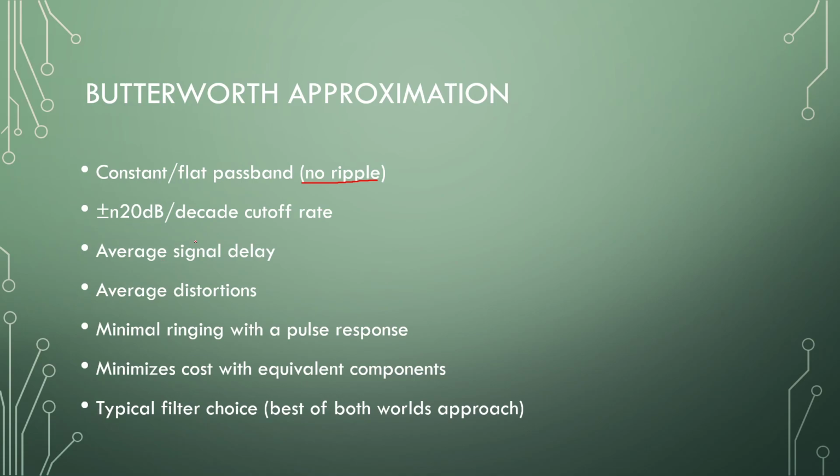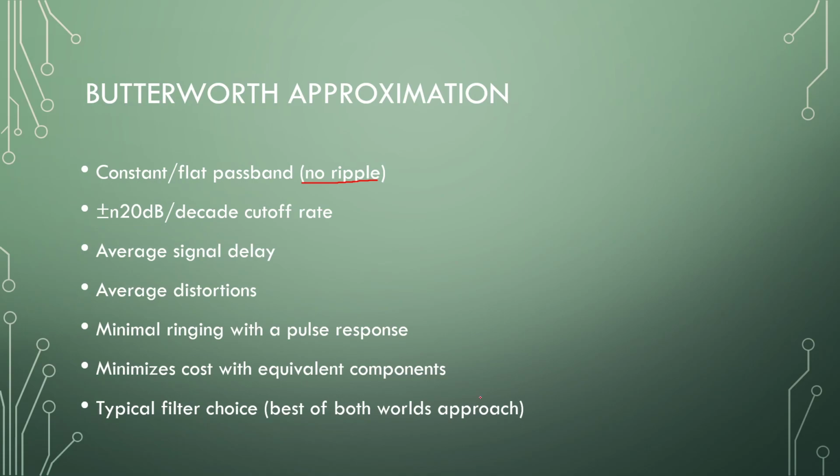We will be looking at a seventh order for each one of the filters in comparison later in this video. The Butterworth has an average signal delay passing through, between the Chebyshev and the Bessel approximation. The distortion is average, and there is minimal ringing when we have a pulse response.